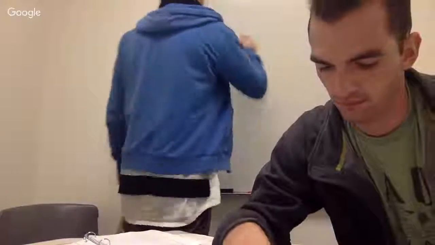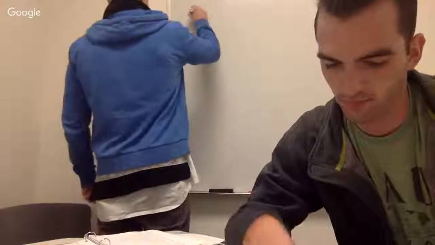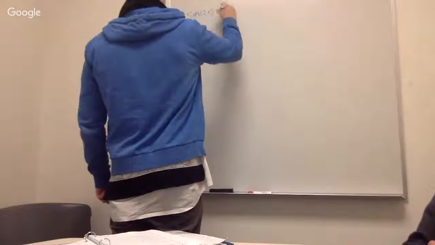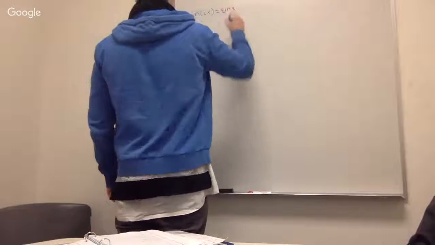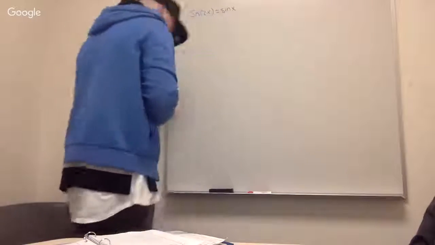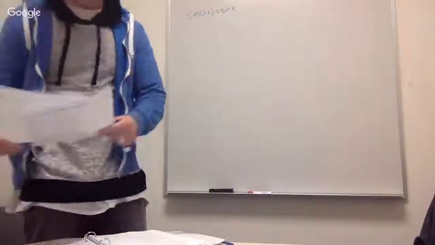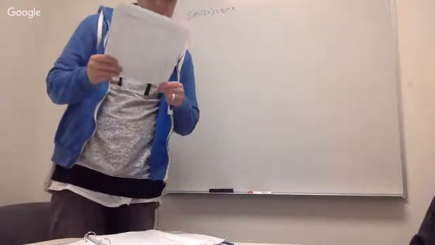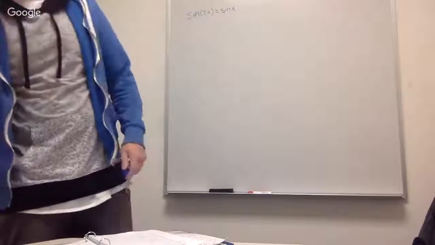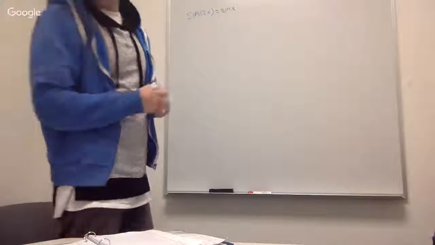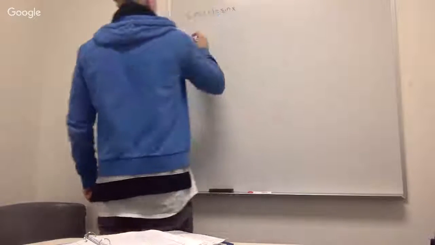Okay, so he gives us sine 2x equals sine x, right? Yeah. I think what we do is we plug in this problem. I think we plug it in for this, right?